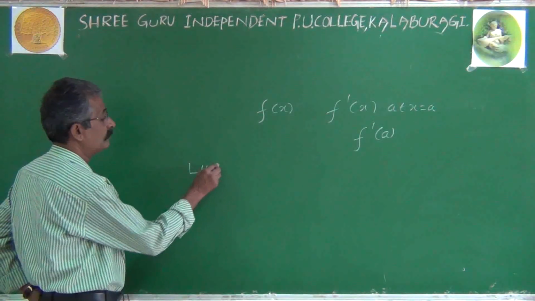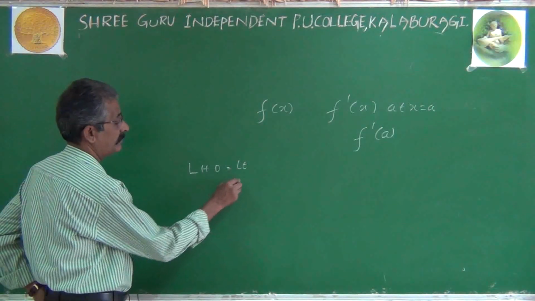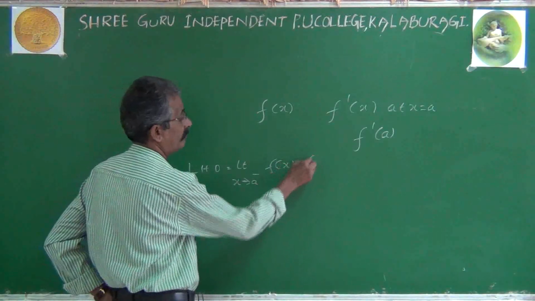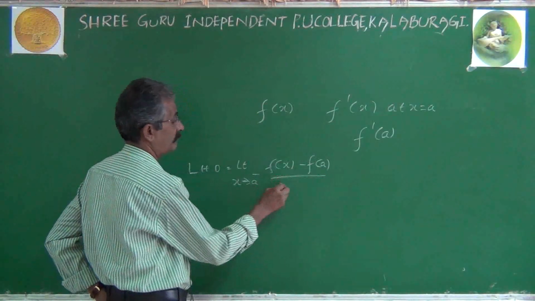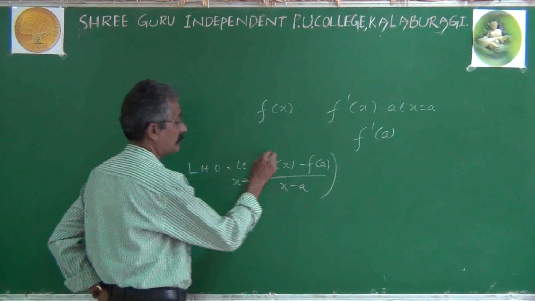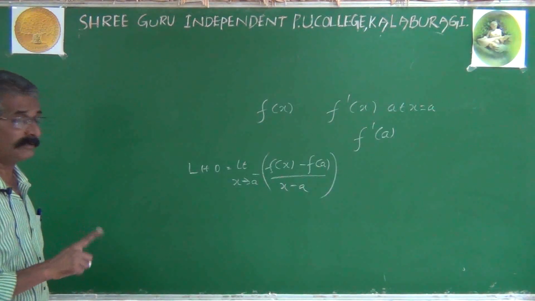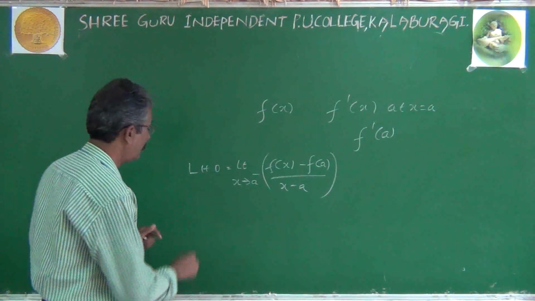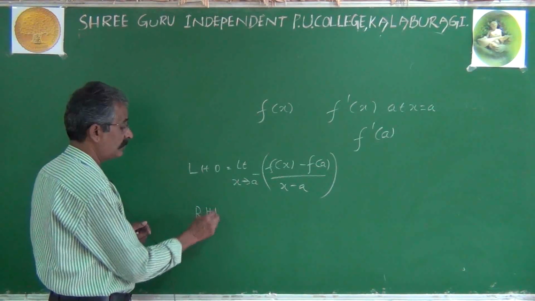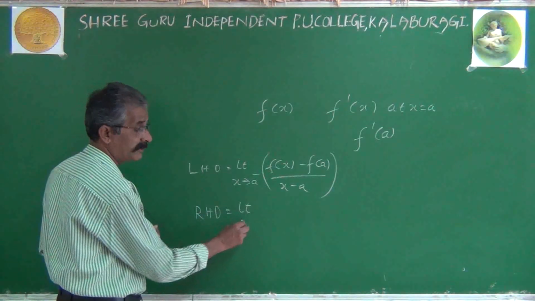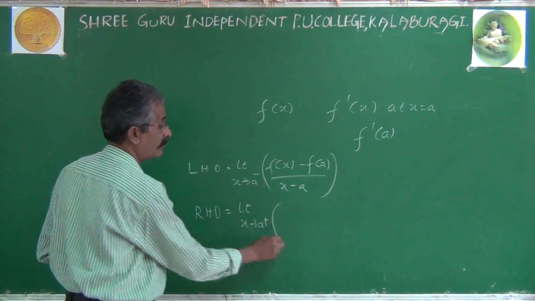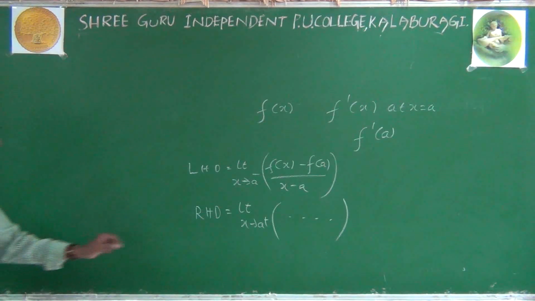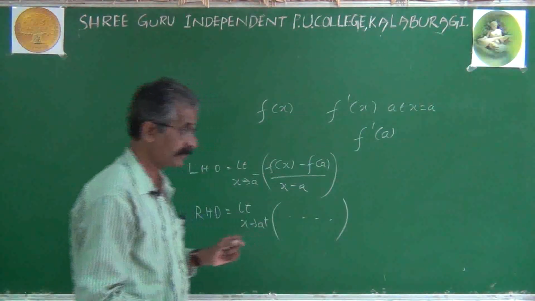The left-hand derivative formula is limit x tending to a minus of f of x minus f of a divided by x minus a. In this case, you must refer to the value of the function where we have x less than a. And further, the right-hand derivative is defined by the formula limit x tending to a plus of the same expression f of x minus f of a divided by x minus a, provided both of these limits exist.